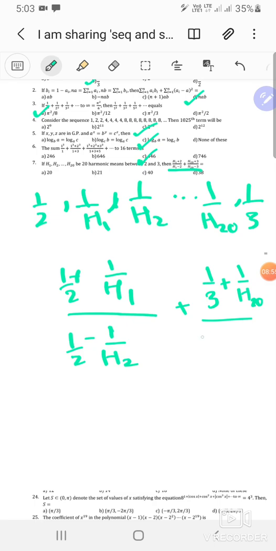Okay, cool. And you got 1 by 3 minus 1 upon h20 over there. Okay, fine. So first of all, 1 by 2 minus 1 upon h2, that is the same thing as 1 by 3 minus 1 upon h20.